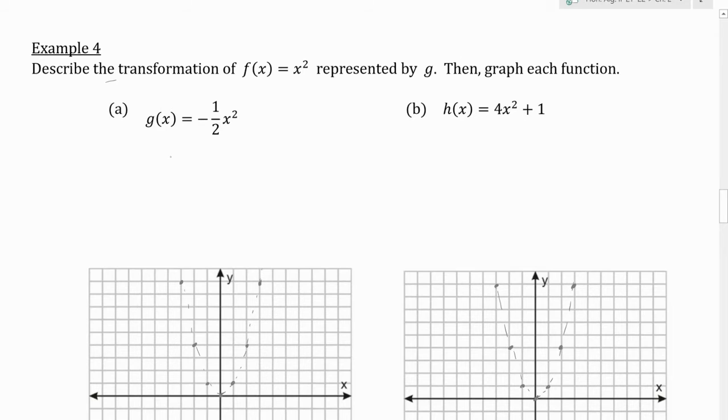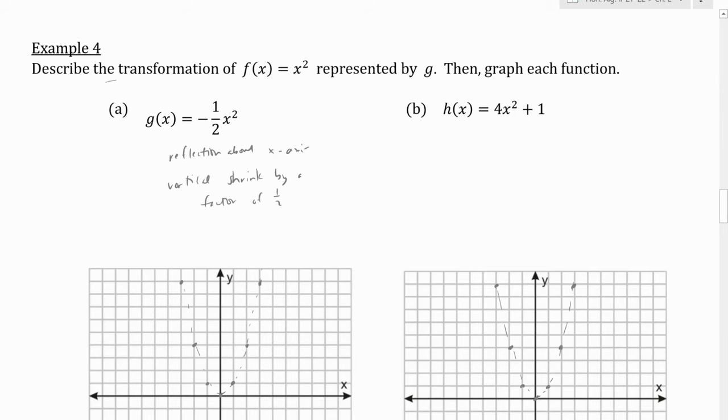The negative is a reflection about the x-axis. And then the 1/2 is a vertical shrink by a factor of a half.